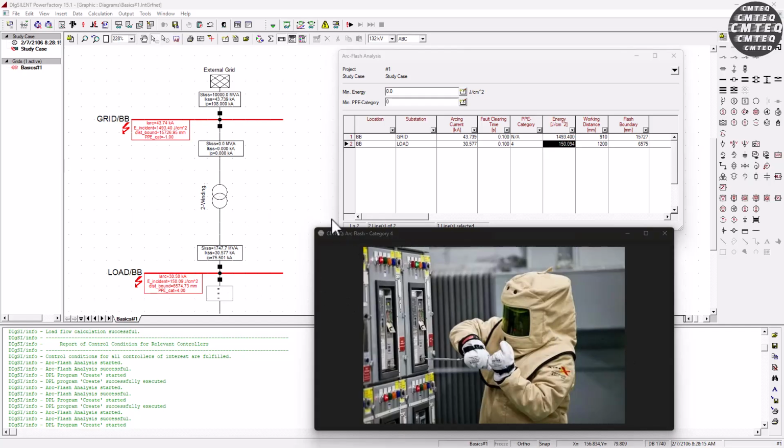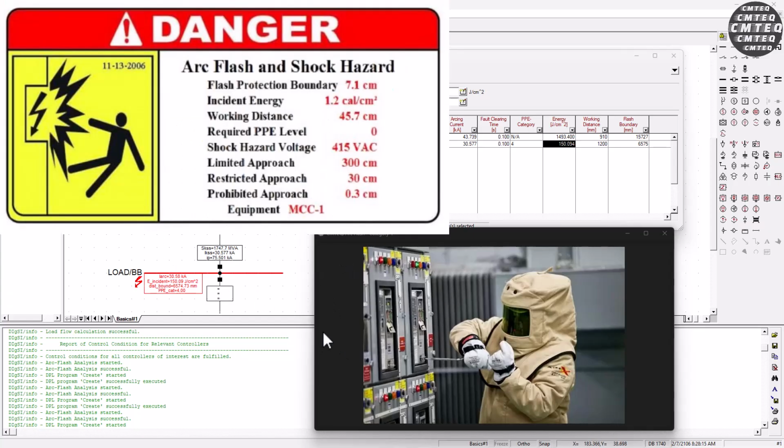So in terms of substation safety, electrical safety, those PPE distances also guide power system engineers or substation technicians to properly label with proper warning signs as people approach a danger zone or area that's incident energy rated in terms of your PPE categories.